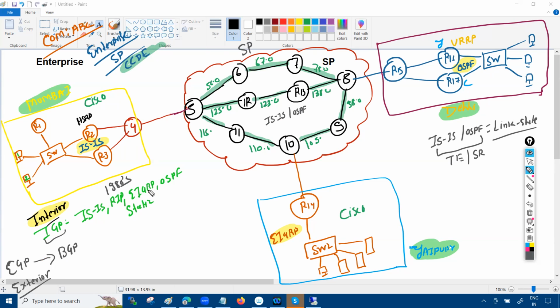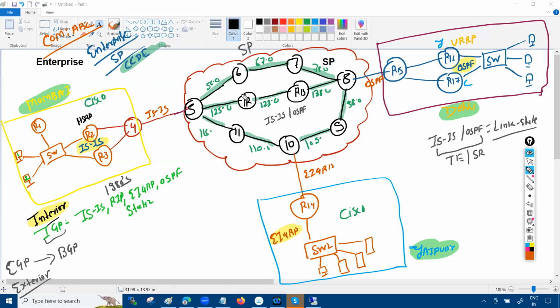Try to understand what happens. If I use the OSPF protocol between R4 and R5, or maybe the IS-IS protocol, take IS-IS as an example right now, or between this side I run OSPF, and between this side I run EBGP. What happens if I run any IGP protocol between the companies and the service provider?